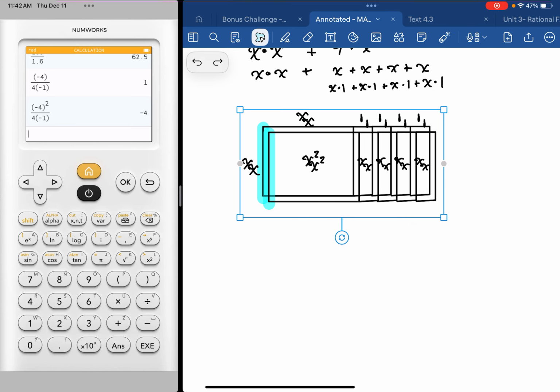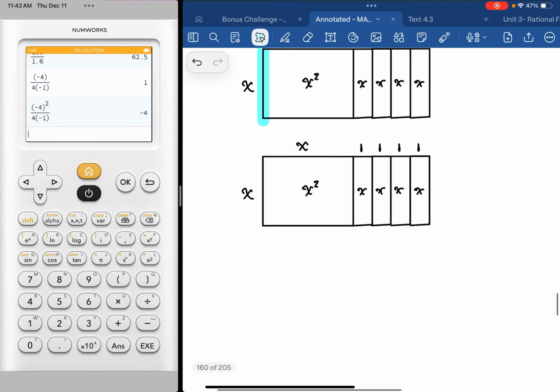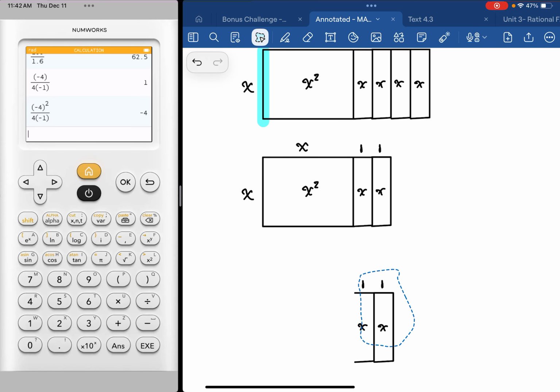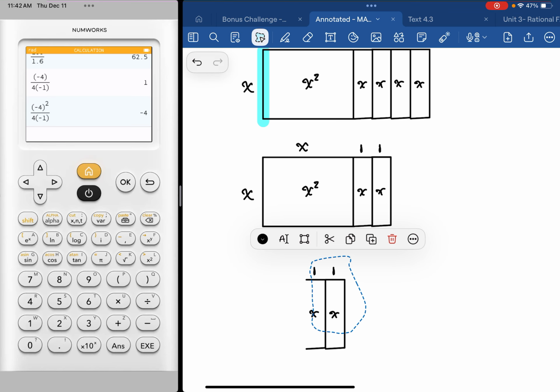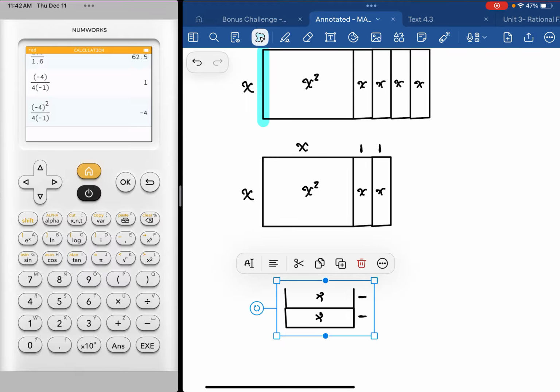I'm going to duplicate it. But instead of throwing 4 rectangles onto the right-hand side of the diagram, I'm going to move them around to the bottom.